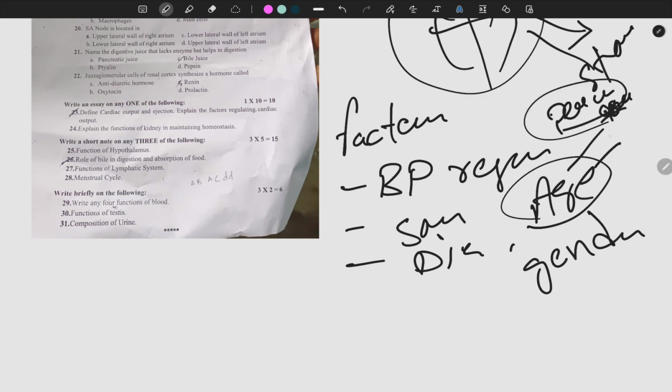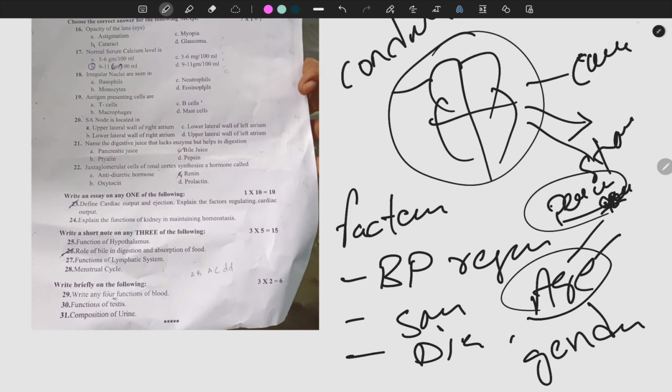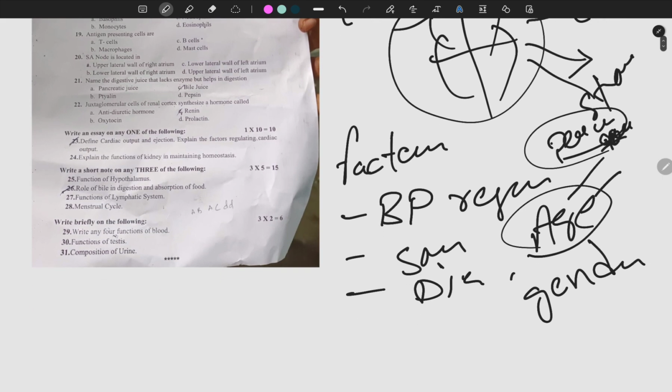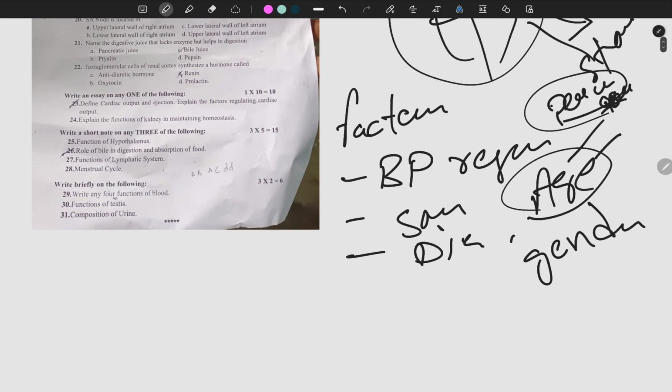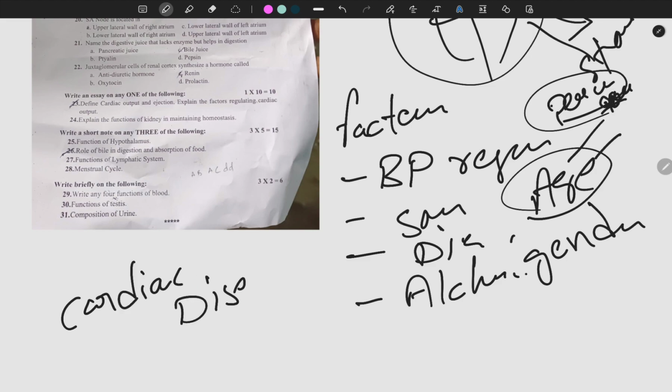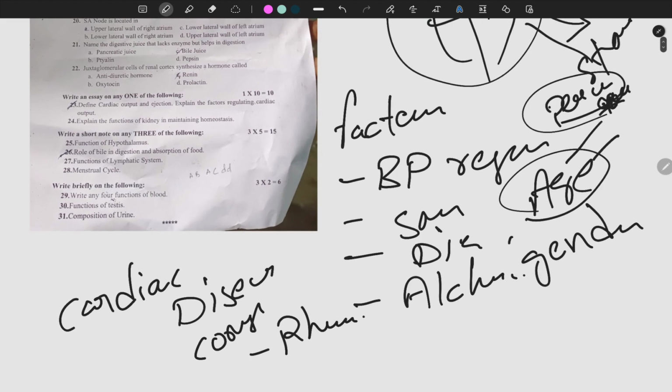So how much ml is present in the pediatric heart, I mean cardiac output. So the next factors may be diet, smoking, alcohol, okay, and cardiac disorders, diseases. For example, congenital heart diseases, okay, and rheumatic heart disorders. So these are all the factors which will influence the function of the heart.